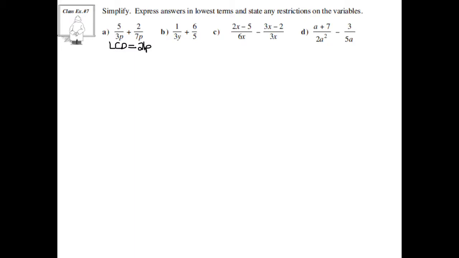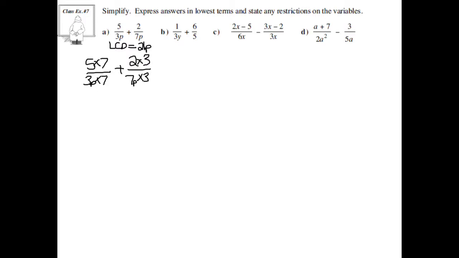So to get 3p to be 21p, I need to multiply 3p times 7, which also means I need to multiply 5 by 7. And I'm going to add that to 2 over 7p, and to get 7p to equal 21p, I multiply by 3, which means I need to multiply that 2 by 3.